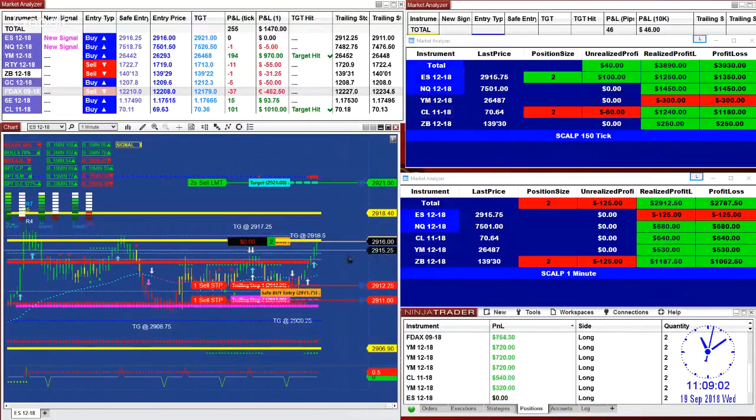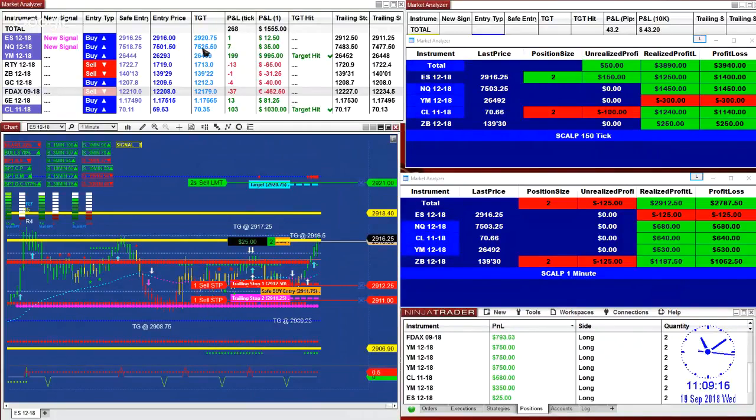There we go. A new signal on the Nasdaq, a new signal on the ES. Your entry price is 29.16 on the ES, exit at 29.20. The signal on the Nasdaq is entry price 501.50, target 525.50.